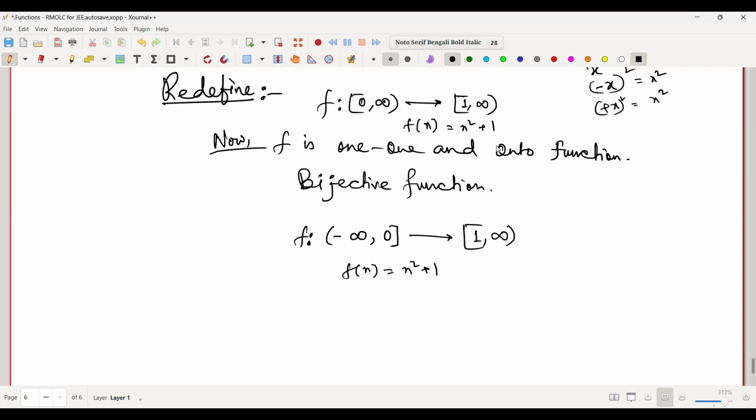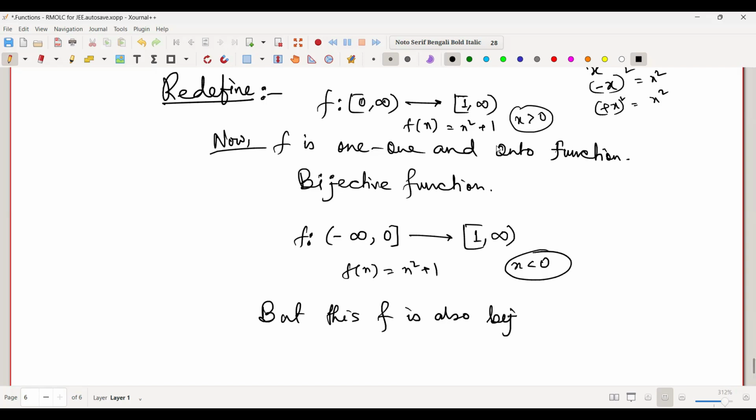There is no difference. Here x is positive and here x is negative. This is the only difference. But both are bijective. This f is also bijective.